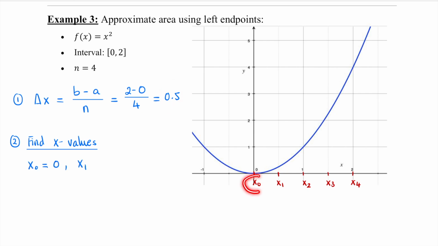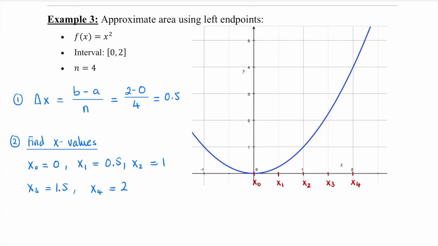So x0 is 0. To find x1, I take 0 plus 0.5, so x1 is 0.5. To find x2, I take x1 plus 0.5, so 0.5 plus 0.5 is 1. To find x3, I take 1 plus 0.5, which is 1.5. And x4 is 2.